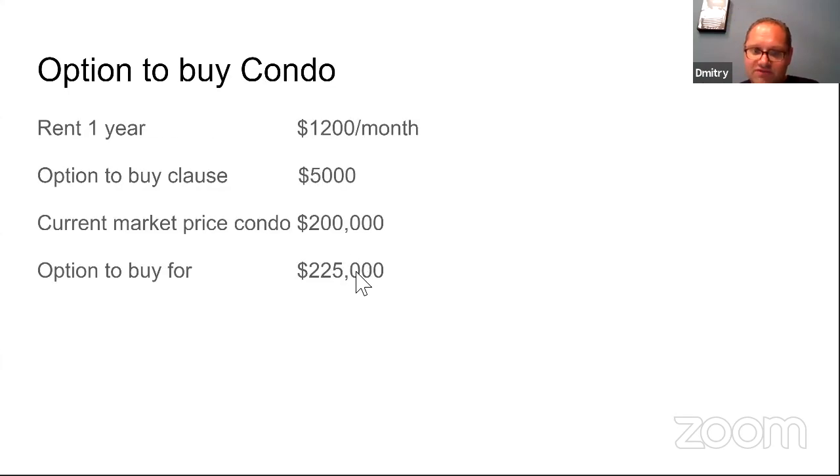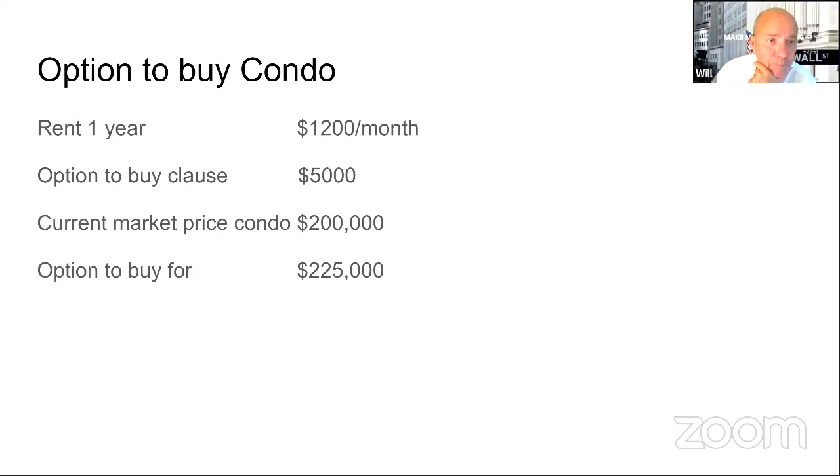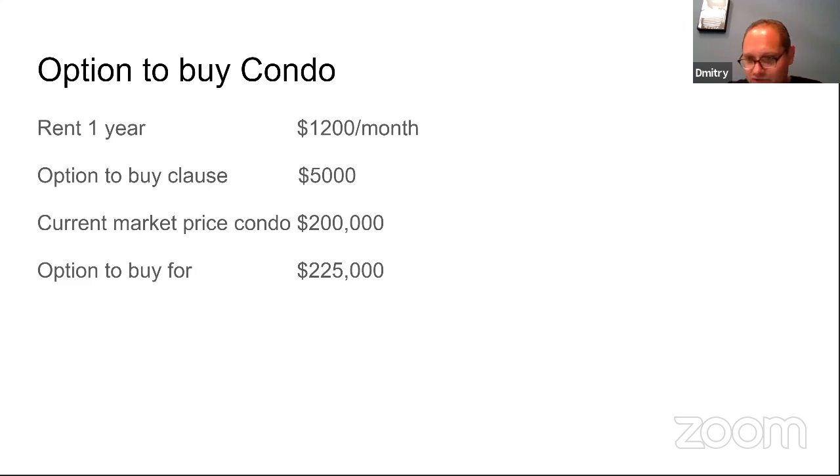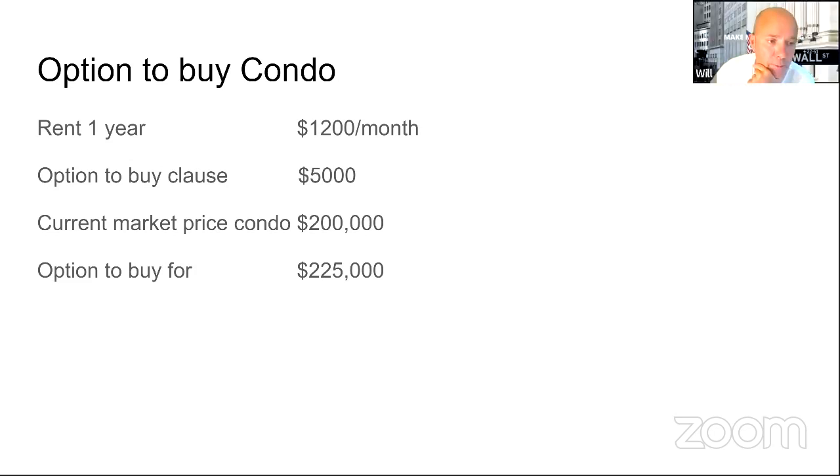If I buy it at 225 and it's worth $325,000 in a year, how much would my profit be? Anybody have any guesses? I buy it for 225,000, sell it for 325,000. The number coming back seems to be 100 grand. 100 grand, very good.